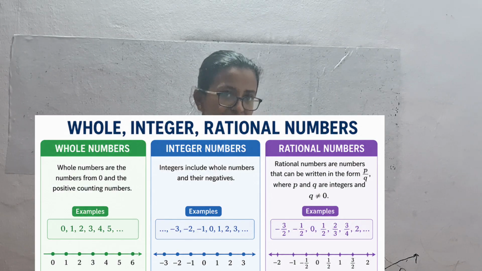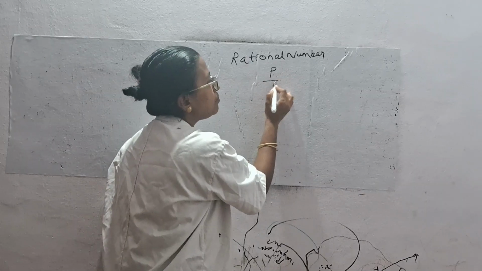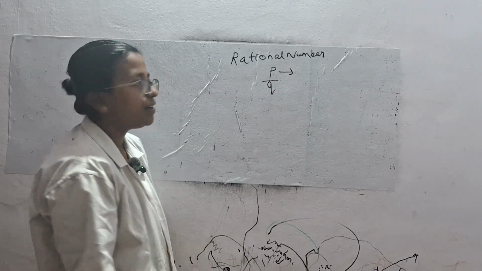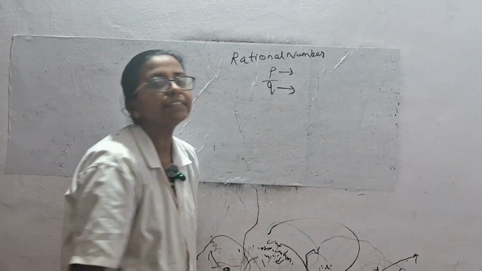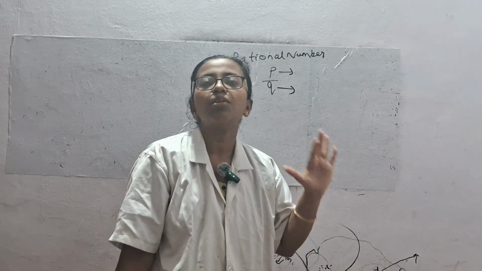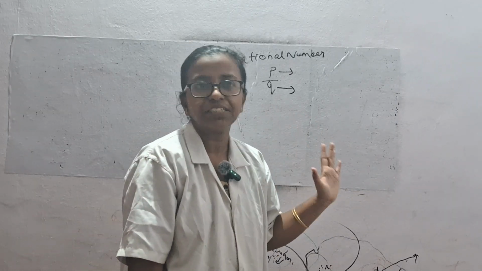What are rational numbers? A rational number is defined as p by q, where p is denoted as the numerator and q is denoted as the denominator. The numbers which are represented in the form of fractions, integers, etc. are called rational numbers.